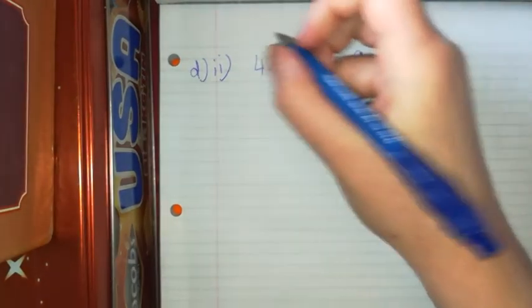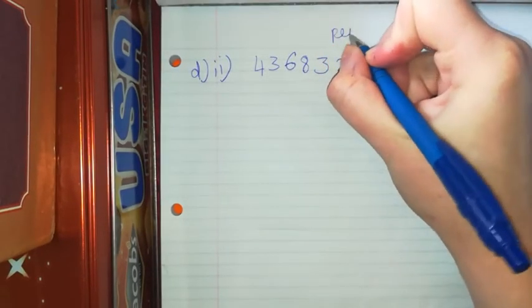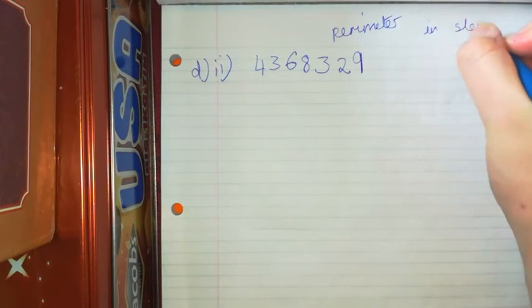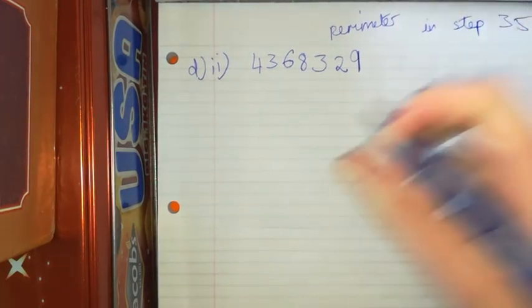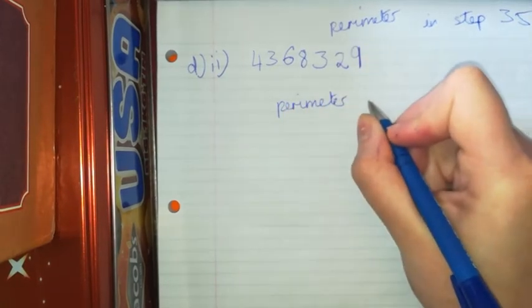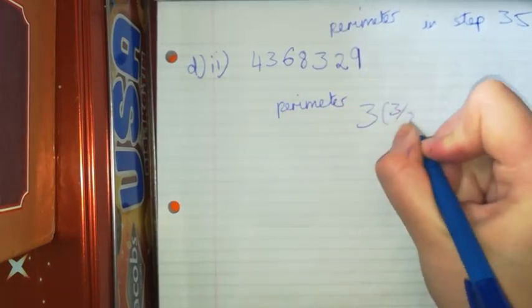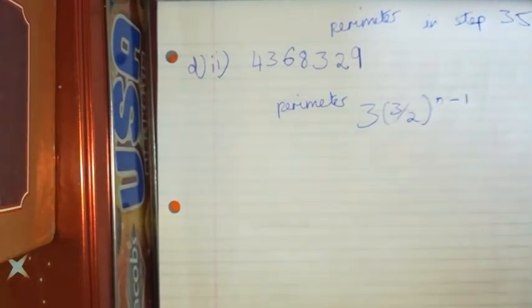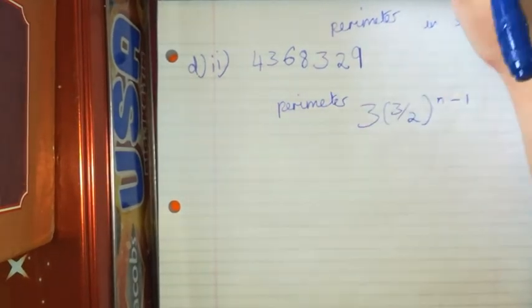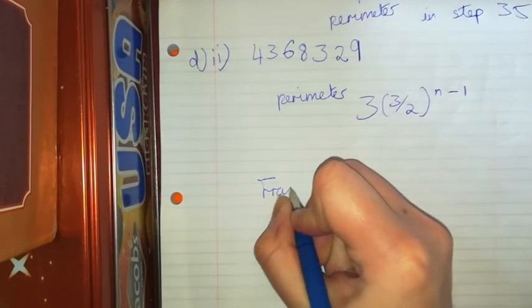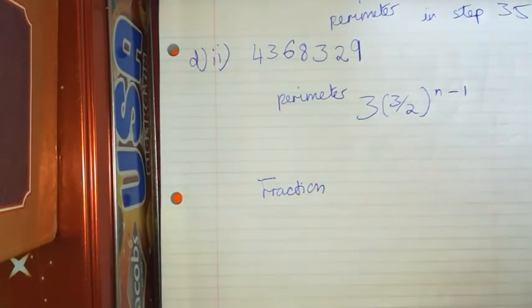This is for the perimeter in step 35. So the general term for the perimeter is 3 times 3/2 to the n minus 1, and then there's another one they wanted me to take into account, the fraction of the original triangle remaining.